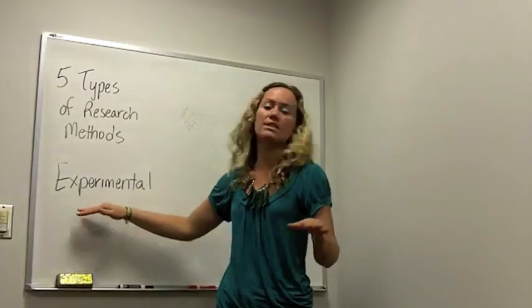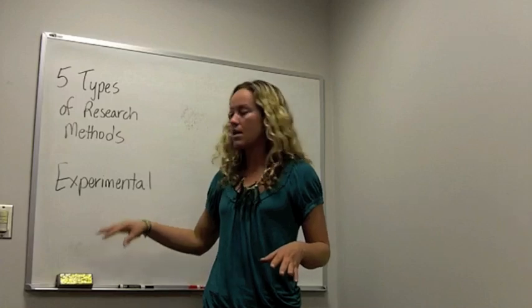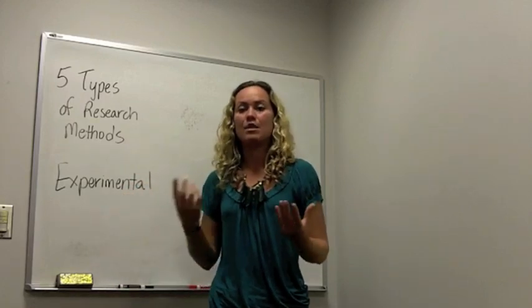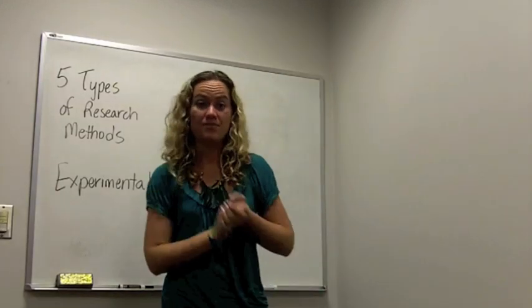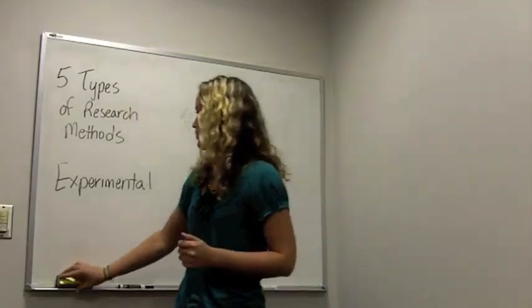Okay, but we have quasi-experimental, which is not randomly selected, and experimental, in which you randomly select the people or subjects that you treat differently. Great, okay, let's look at our last kind of research method.